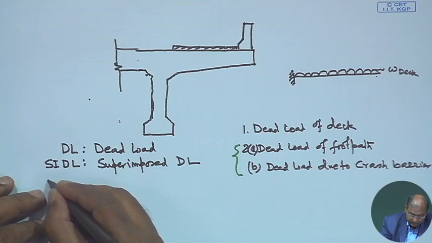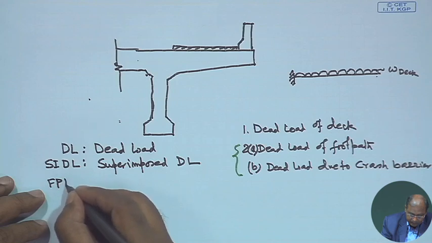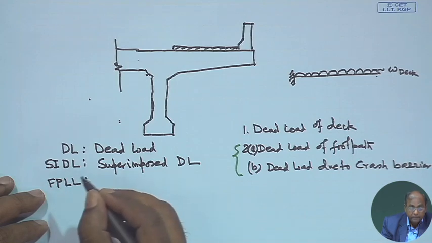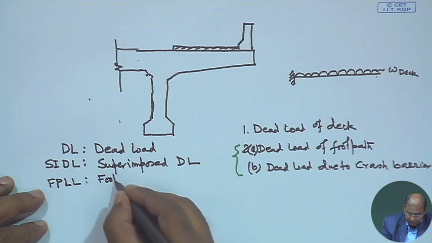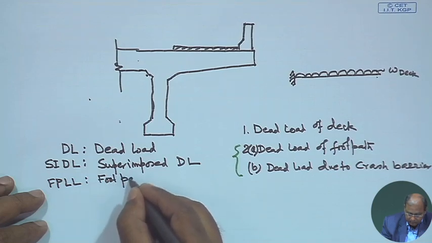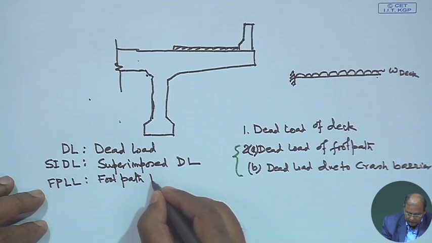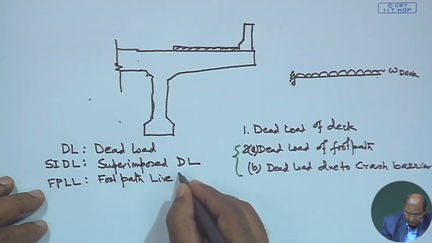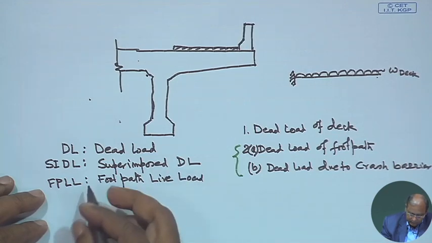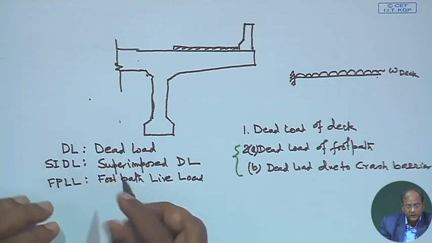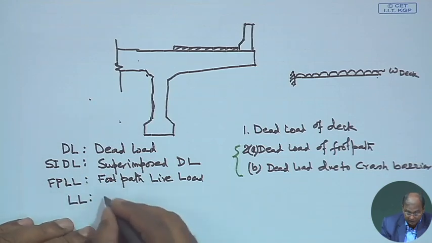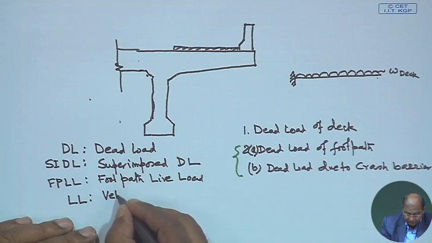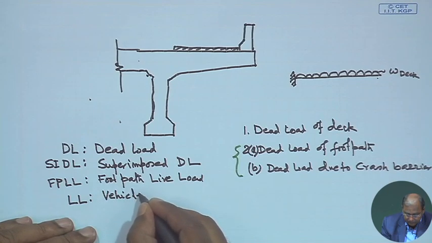Then we call it, say, FPLL, footpath live load. Sometimes we also call it VL. Let us consider LL, that is the primary one, which is your vehicle load.